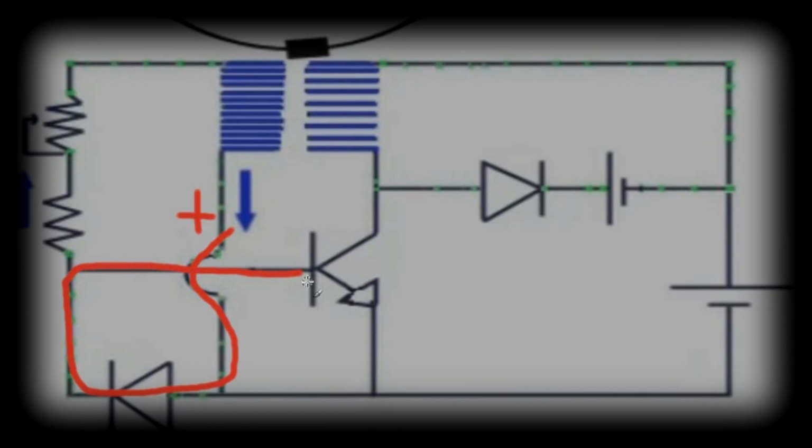And that's how it becomes DC with the diode, low voltage diode, 4001. And then there's your negative potential up here on the trigger winding.